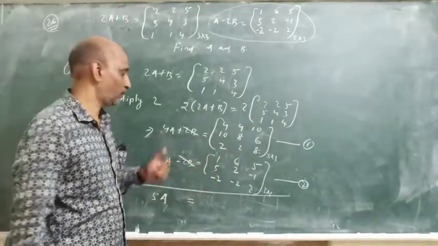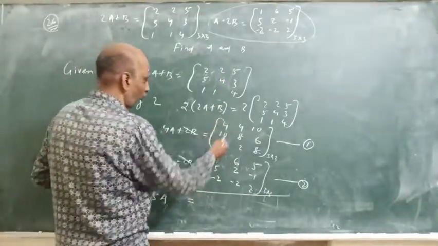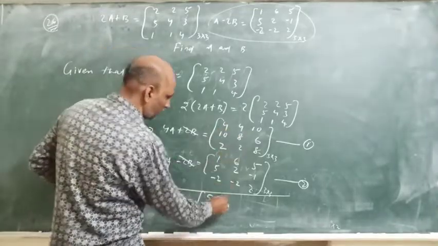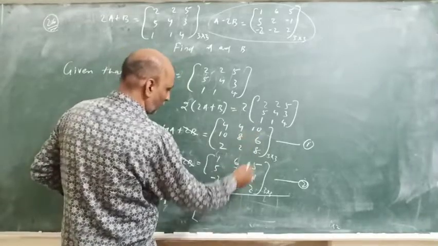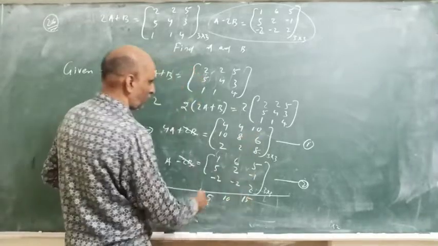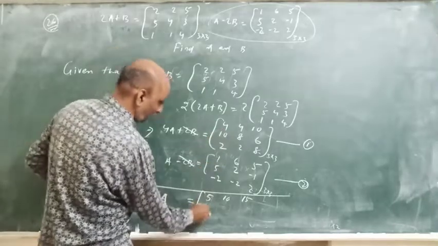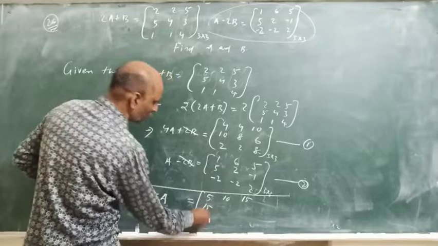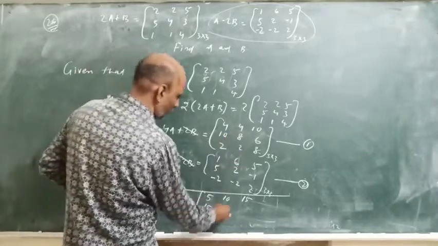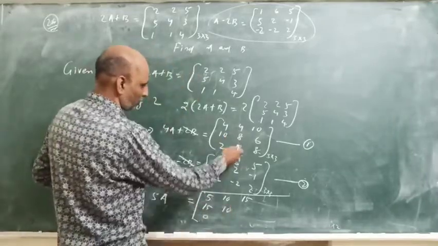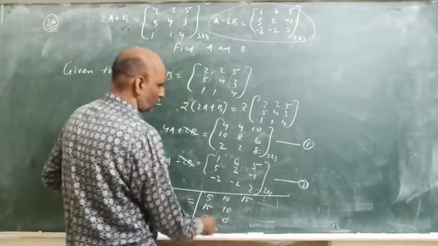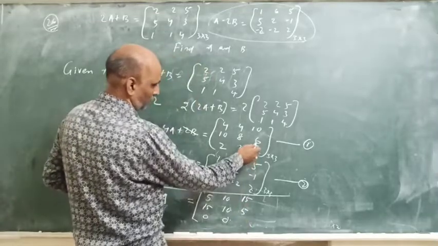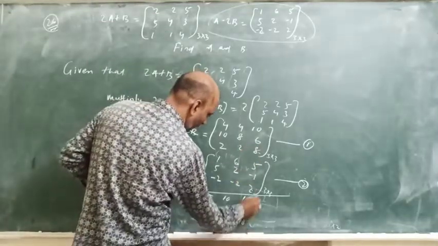So 4 plus 1 is 5, 4 plus 6 is 10, 10 plus 5 is 15, 2 plus minus 2 is 0, 8 plus 2 is 10, 2 plus minus 2 is 0, then 6 minus 1 is 5, then 8 plus 2 is 10.